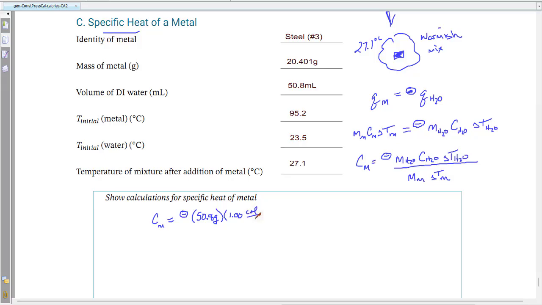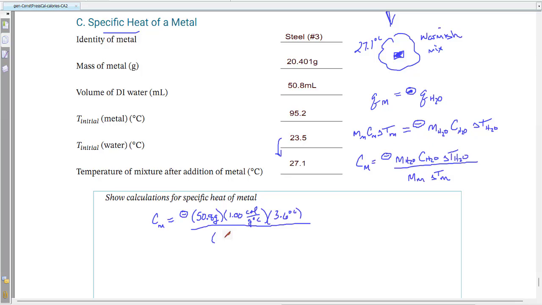We use the specific heat of water. We use the temperature change of water, right? So the water went from 23 up to 27. So when we subtract that, we get a positive 3.6 degrees. Okay. Big old divide sign. Now, here's that number I wanted.